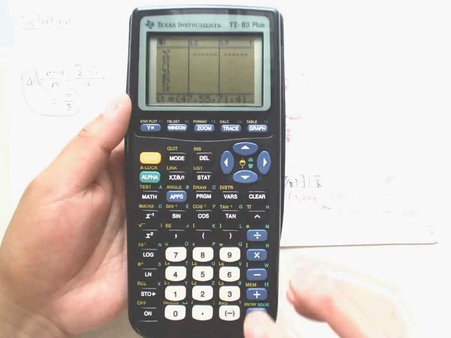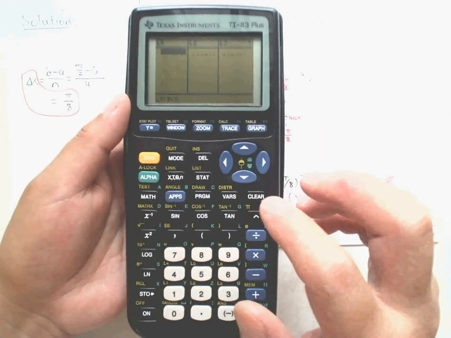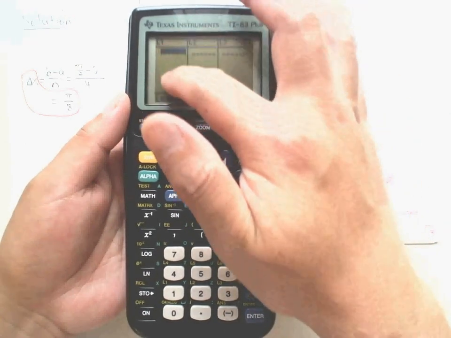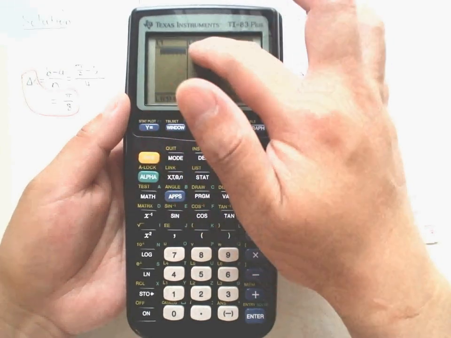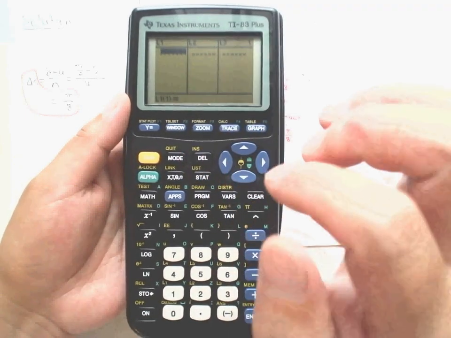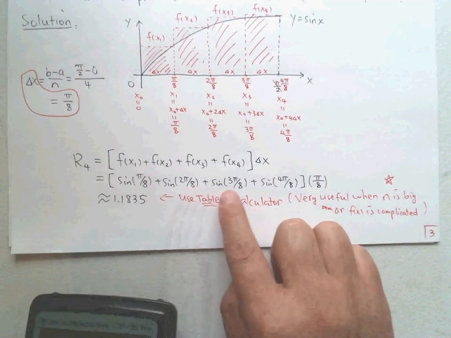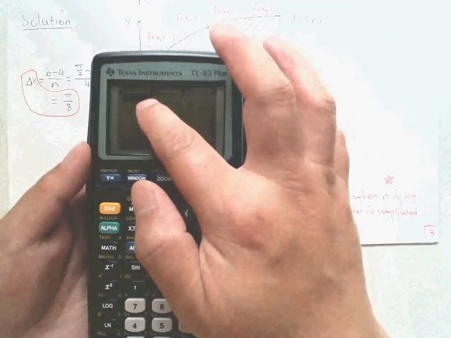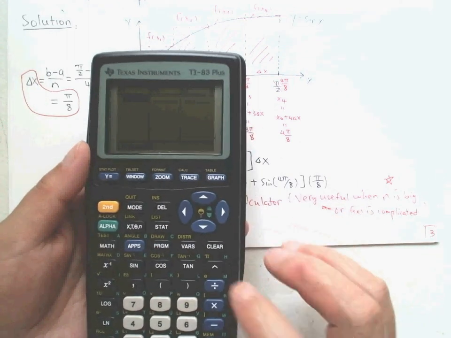We have 6 columns. I think you are familiar with the table already. The first, L1, I don't need this, so I'm going to delete it. Okay, go down. And then I will put the x in the first column, and use the function in the second column to put the value of the function. Remember what x is? Pi over 8, 2 pi over 8, 3 pi over 8, all this.